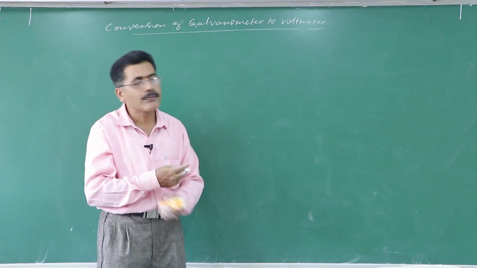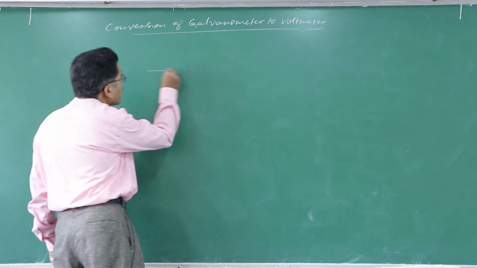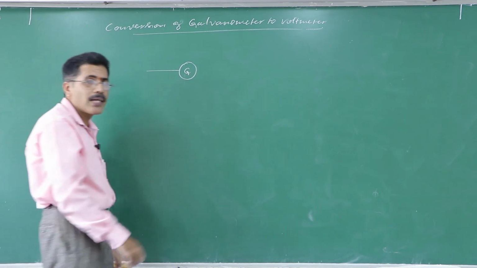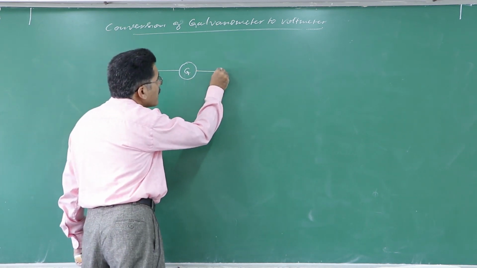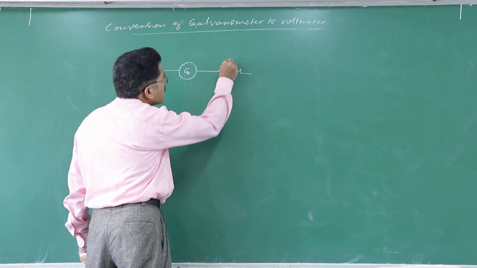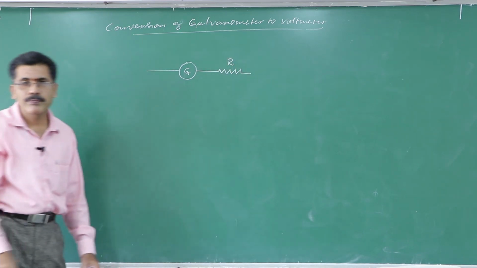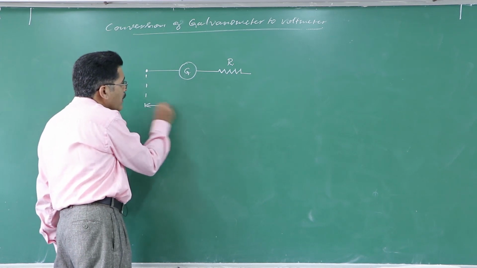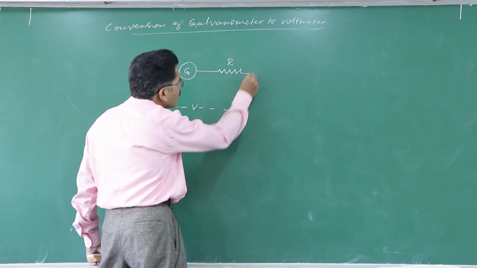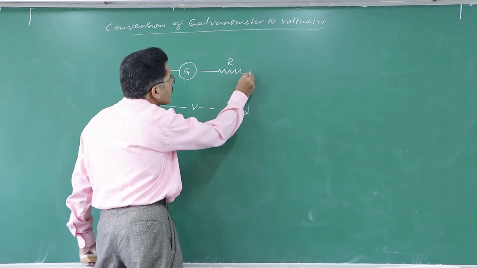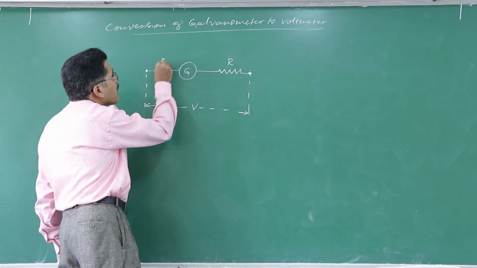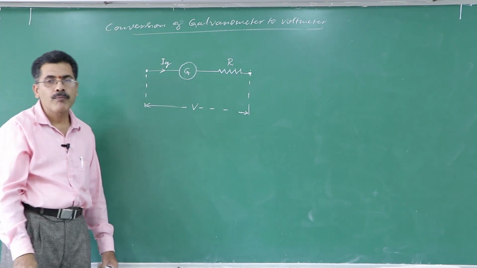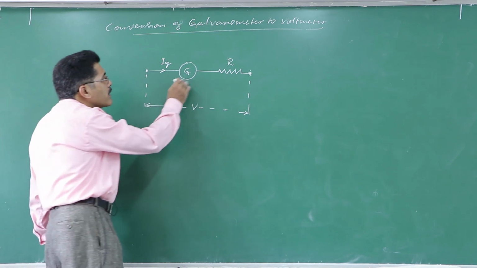Let me consider a galvanometer of resistance G, to which a high resistance R is connected. The potential difference across this combination is V. Let Ig be the current flowing through the combination. What is the total resistance?